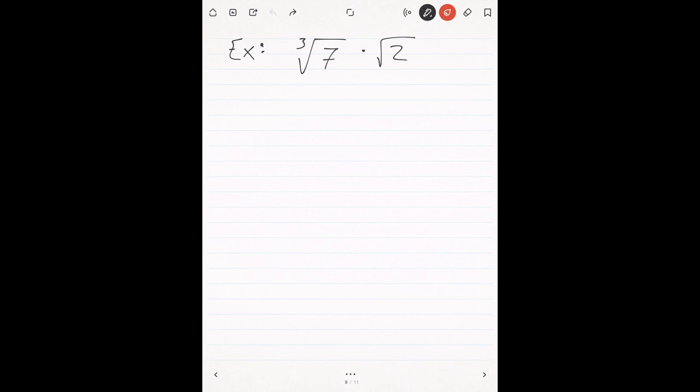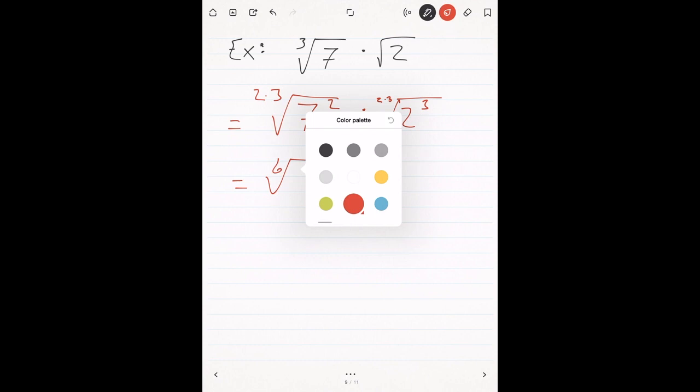So for the first one, I would take 7 and raise it to the second power, and I'd take 3 times 2. And then for the square root of 2, I'd raise it to the third power and take 2 times 3. So here we would end up with the 6th root of 7 squared, which is 49, times the 6th root of 2 cubed, which is 8.